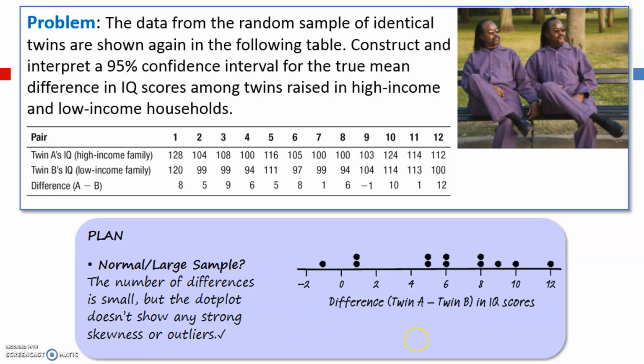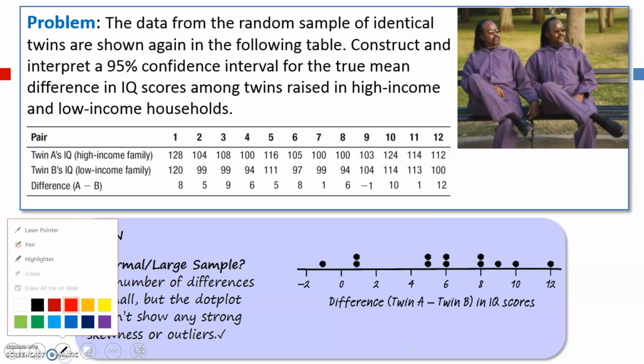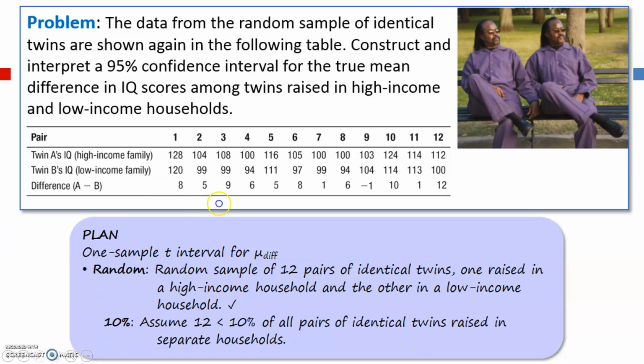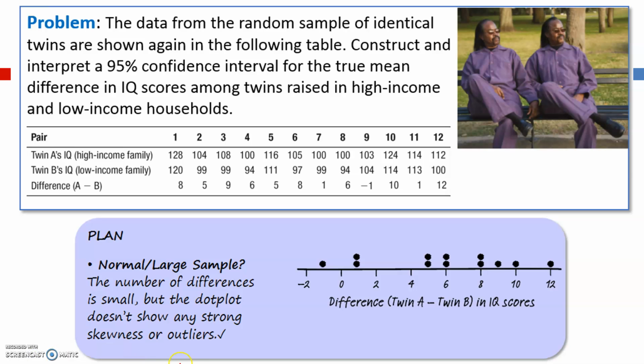Now our plan portion, we are not at 30, so we must graph, we must provide some kind of a sample graph of the data here. And that's what this dot plot indicates, and we talked about this in our last lesson.